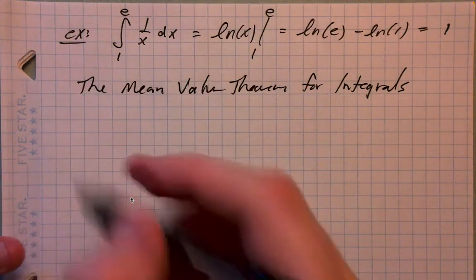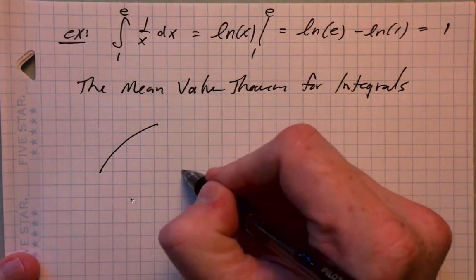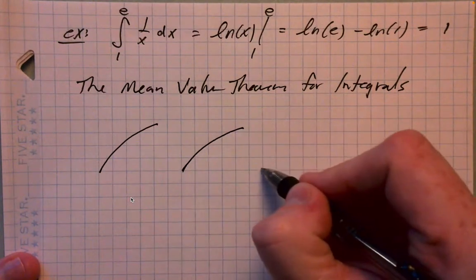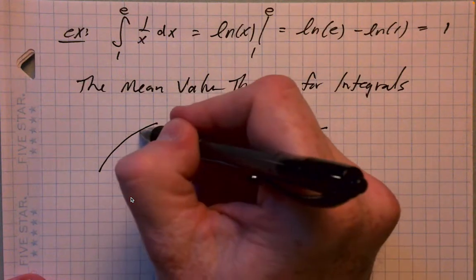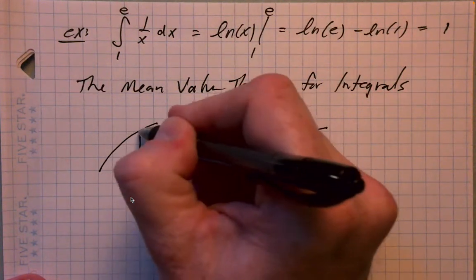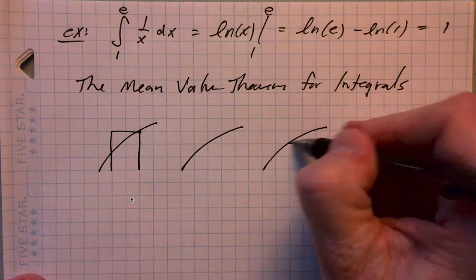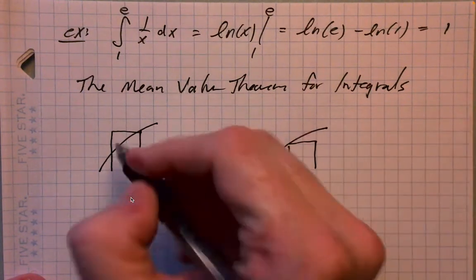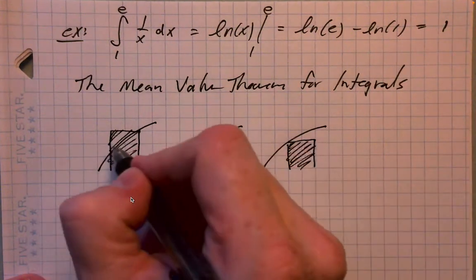Okay, and so previously we had talked about, if you have a curve, I'm going to try to draw the same curve 3 times. Okay, so there's different ways to do it, right? You can use the upper sum. You could use the lower sum. In the case of the upper sum, you get too much area.